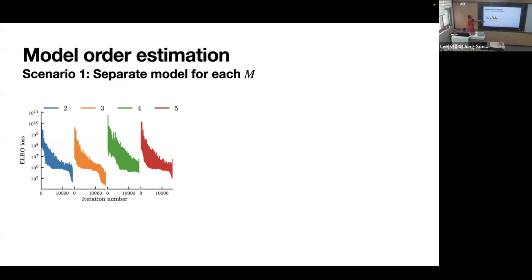So I fit the first model, the blue one, the second, the orange, the green, and the red. And I can see that the best models, the ones that achieve minimum loss, are models with poles 2 and 3. And I know the true model is model 3. So I can safely say that all this machinery that I was talking about, that ELBO loss includes this Occam's razor itself, is actually working.